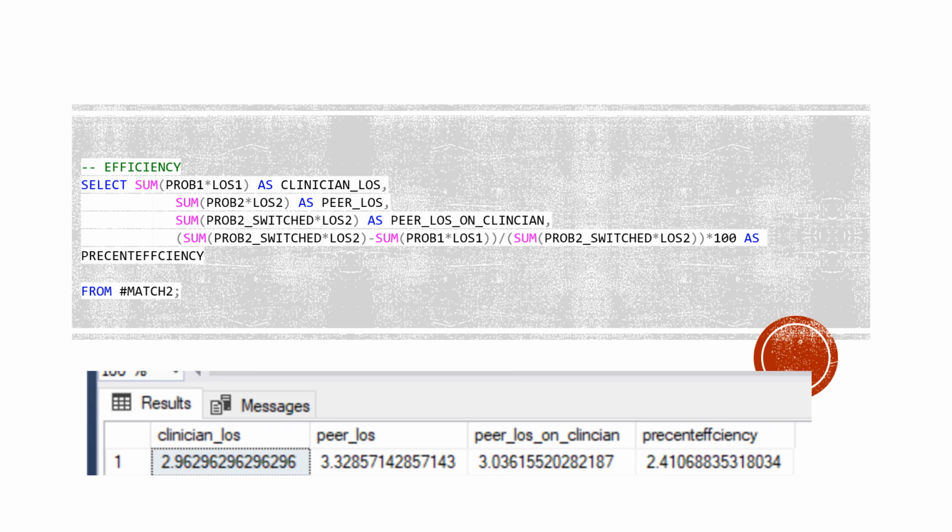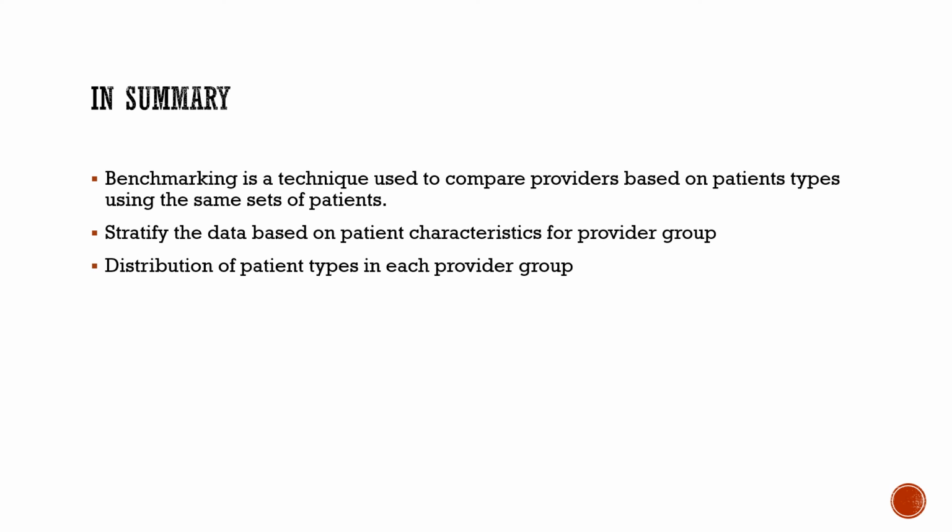So how would the peers perform if they would see the clinician patients? I took the distributions of the clinician multiplied by the outcome, which is the length of stay of the peers, and this would be 3.03. Then I calculated the percent efficiency, and we can see that the clinician was more efficient than the peers by 2.4%.